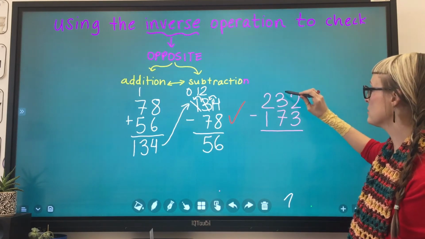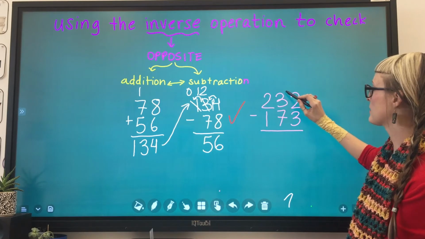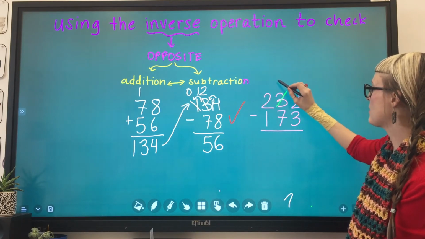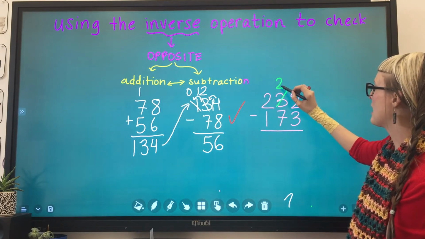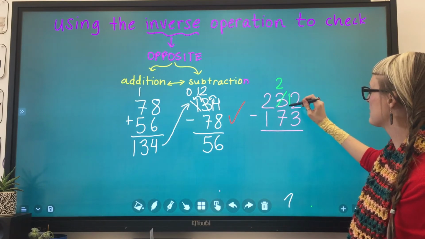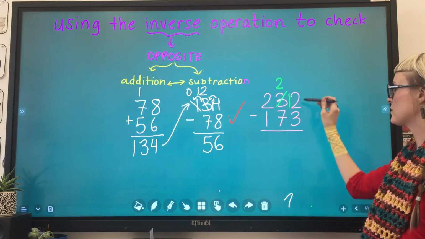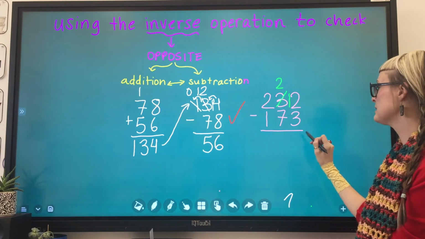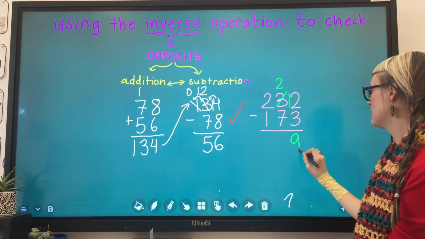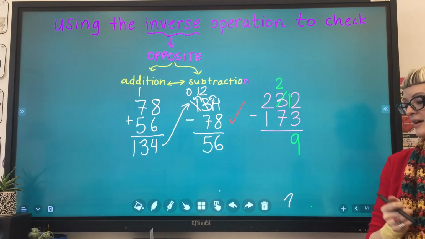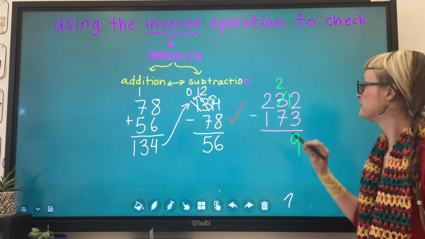I'm going to go next door and get 10 more. So I go next door, I'm going to take away one of these 10s, and 10 ones right over here. So now I have 12 ones minus 3 ones. It's gonna be 9. Okay, now keep your eyes open.